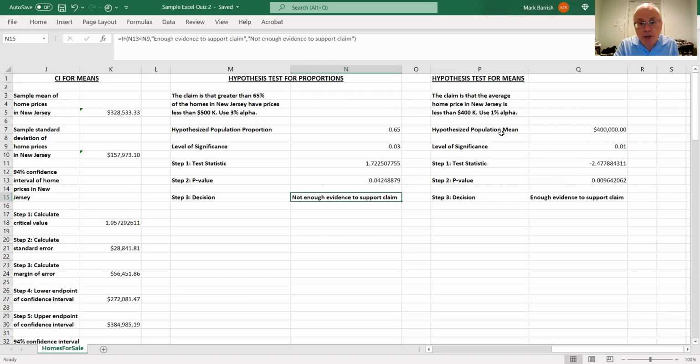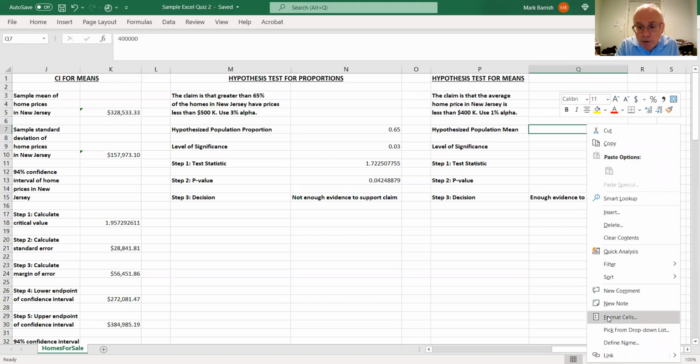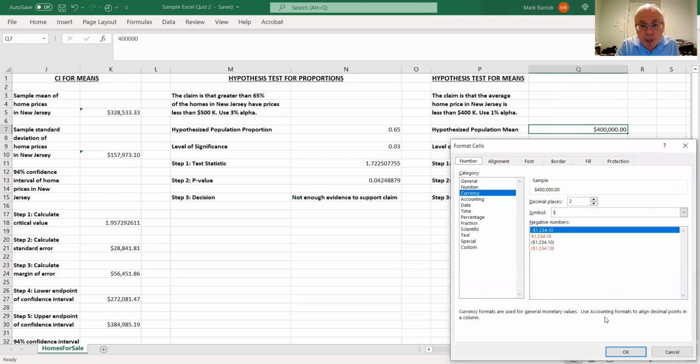So what is the hypothesized mean? It's 400,000. Now, you might ask, how did I get the dollar sign in there with all the nice currency formatting when I just typed in 400,000? The way to do it is to right-click that cell and go down to format, where there's an option for currency.